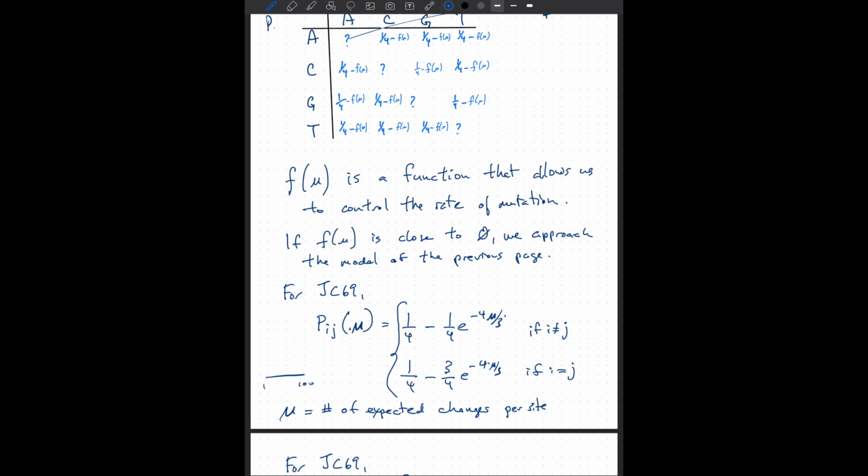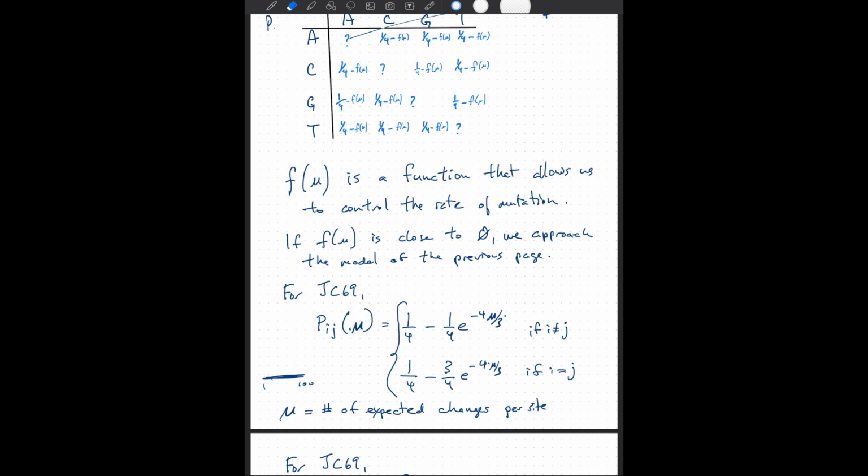If you're playing God and you let evolution run for 1 billion years, do I expect that 1 in 100 nucleotides along the sequence will be changed? Do I expect 2 out of 100 or a half out of 100? That's what mu is. It's what fraction of the sites you expect to change.